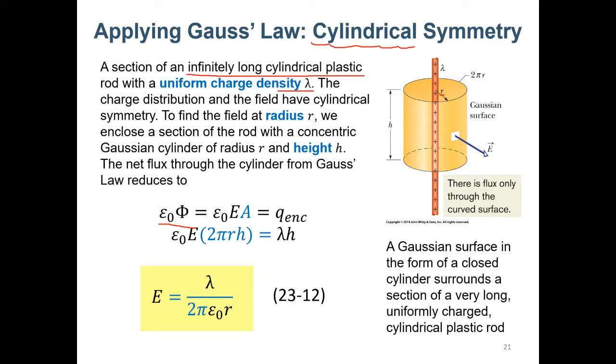So we have phi equals EA, and the charge enclosed: when you see the cross section of the cylinder, it's just like a rectangle, and here is the rod.